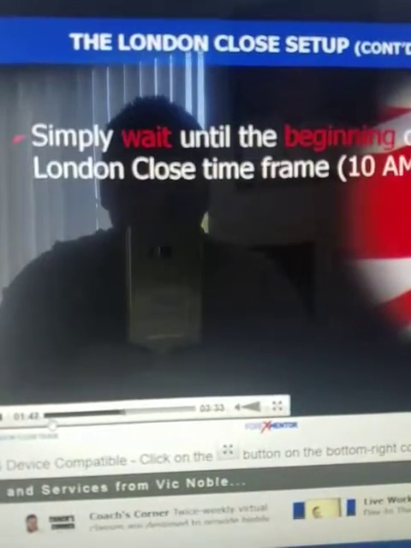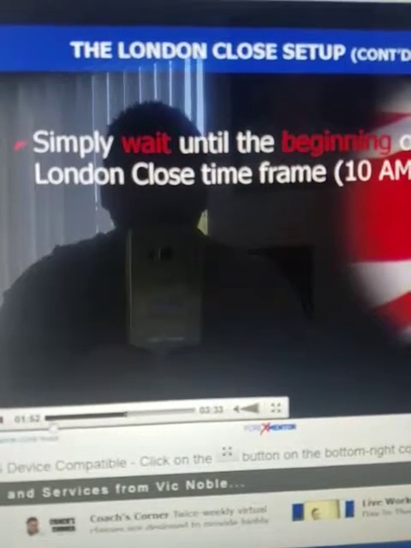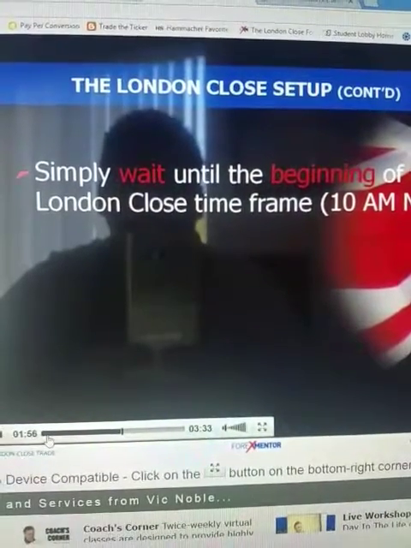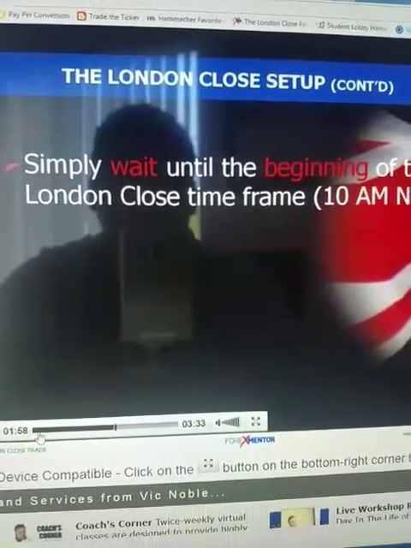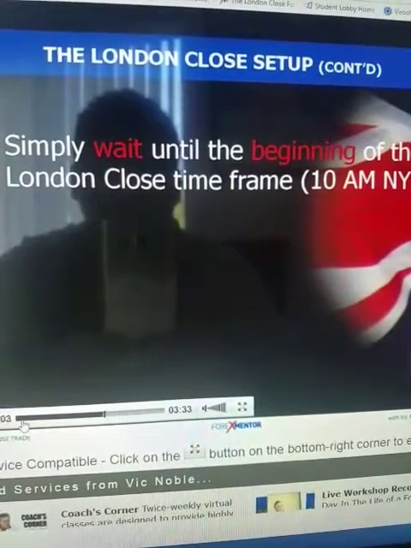Okay? So staying with our example, once we know what the 5-day average daily range is coming into Wednesday, we just simply wait until the close of the London session to see if price is rising on the day into the close of London, or if it's dropping into the close of London.